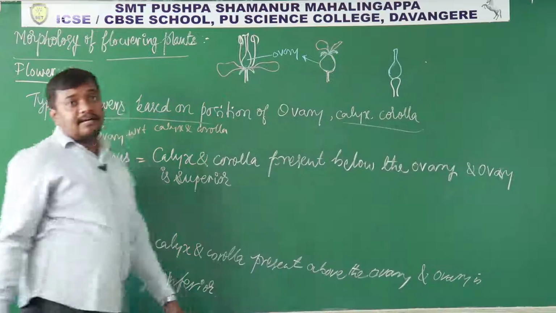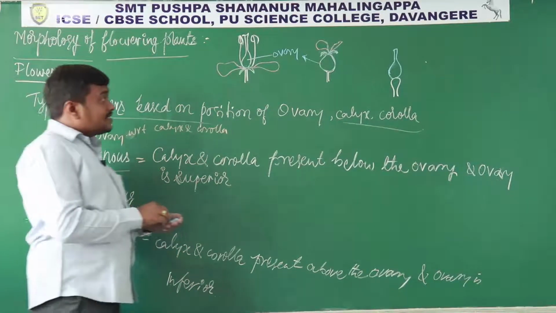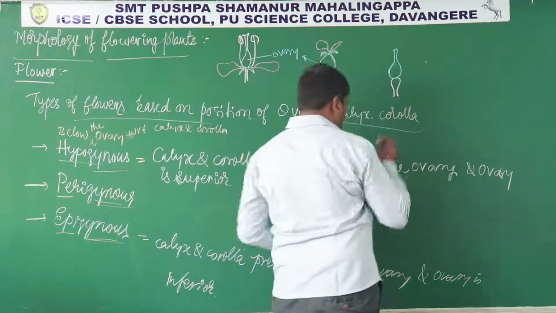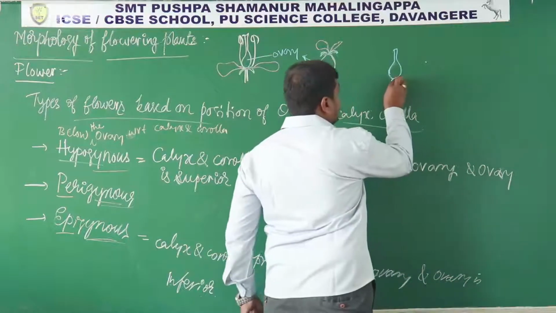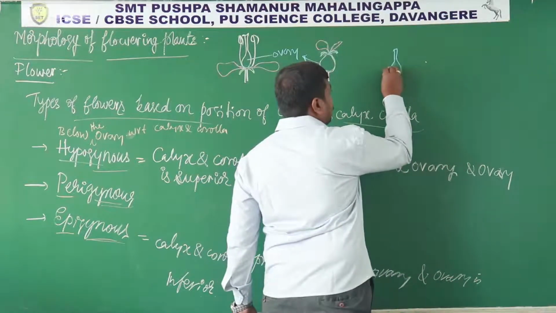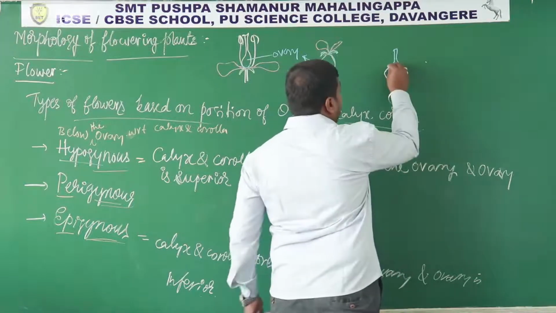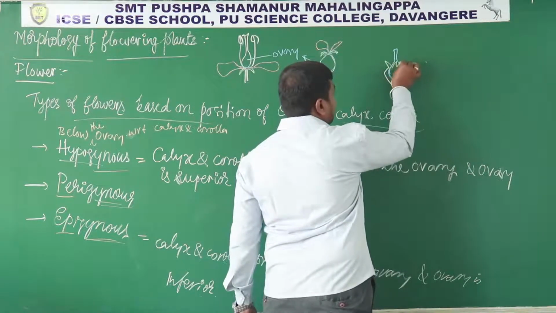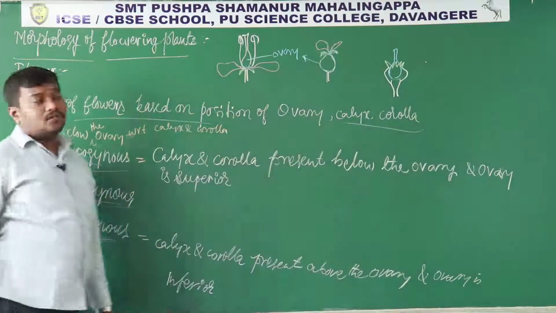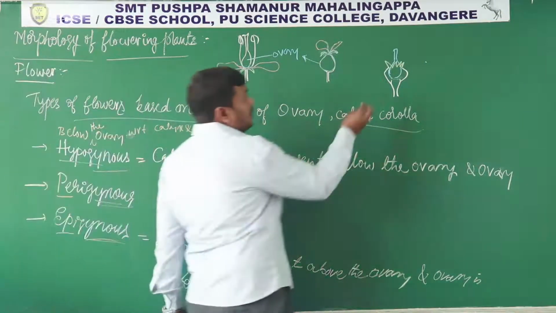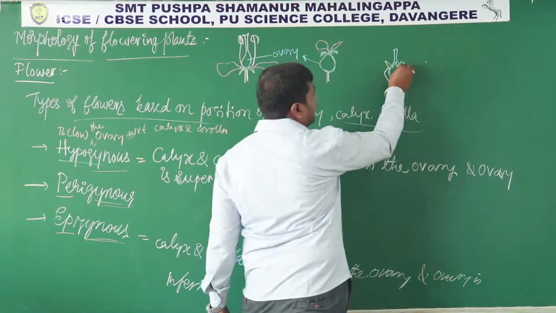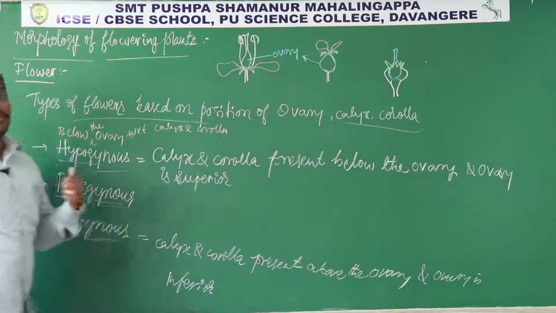But if the thalamus encloses half of the ovary, then it produces calyx like this. So calyx and corolla are present at the rim of the ovary.